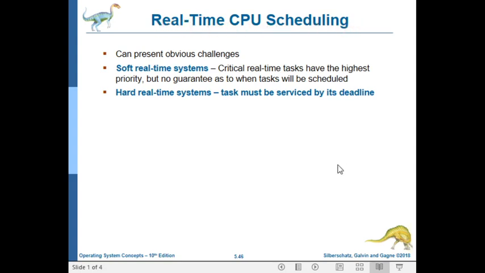So in general, a soft real-time system can be differentiated from a hard real-time system. Soft real-time systems guarantee only that critical real-time tasks have the highest priority over non-critical tasks, but there is no guarantee as to when tasks will be scheduled.